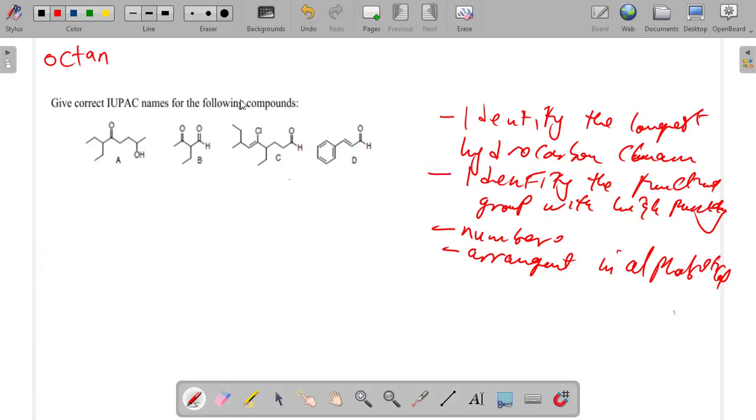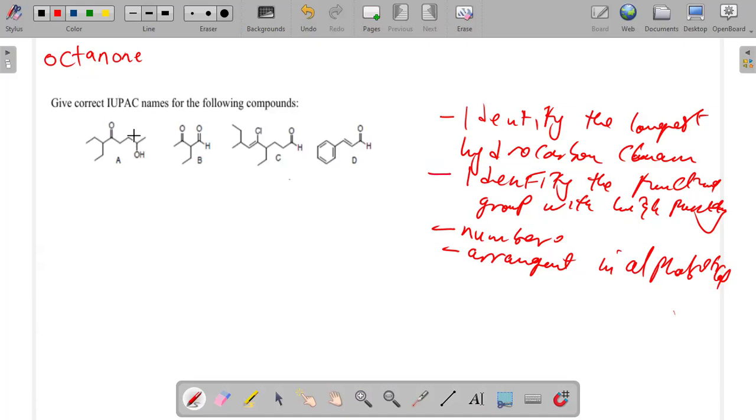So what you are going to notice is that the ketone is going to carry the parent name because it's the one with highest priority, right? So it means that this compound is supposed to end with one like this. Okay, so if a ketone is having high priority, it means that it's carrying the parent name and the compound is going to end with one. Okay, that's the suffix name for a ketone, right?